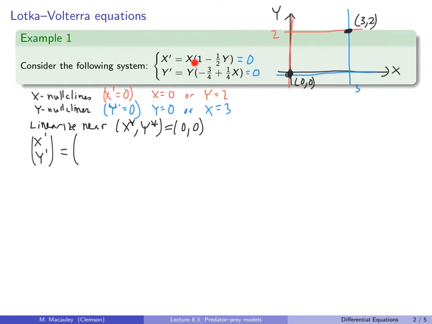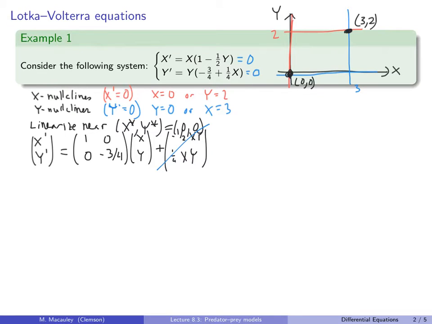So there's only an x term. So this is going to be 1, 0, 0, -3/4 times x, y. And then there's, of course, a nonlinear term. If you want to, we can write this out as minus 1/2 xy and 1/4 xy. This is what we will ignore if x and y are approximately 0.